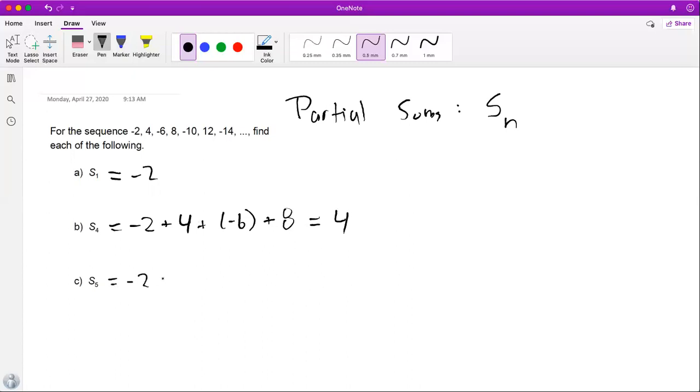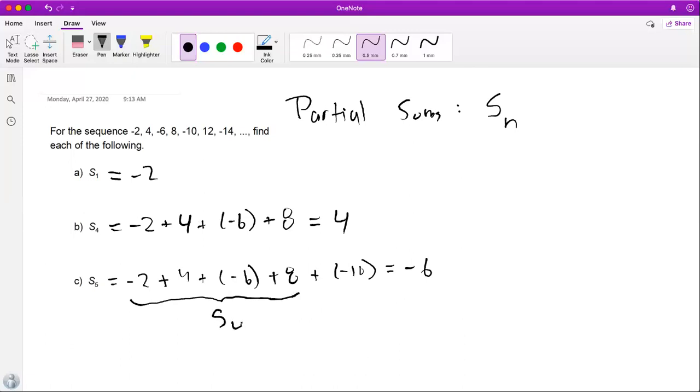S5 is -2 plus 4 plus -6 plus 8 plus -10, which is 2 plus 2 is 4, minus 10 is -6. And you might have noticed as we were doing this that the first four terms of this is S4.